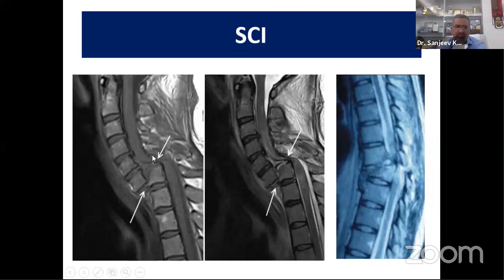Now what is the status of the cord? You see the cord is completely cut and damaged. That means there is going to be a problem anything below this. The sensory or motor problems, whatever is there, will be hampered below this.